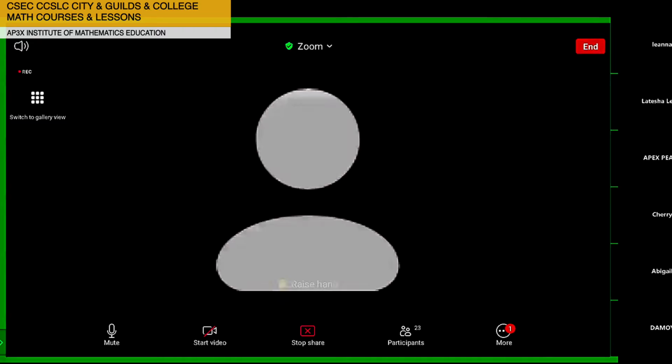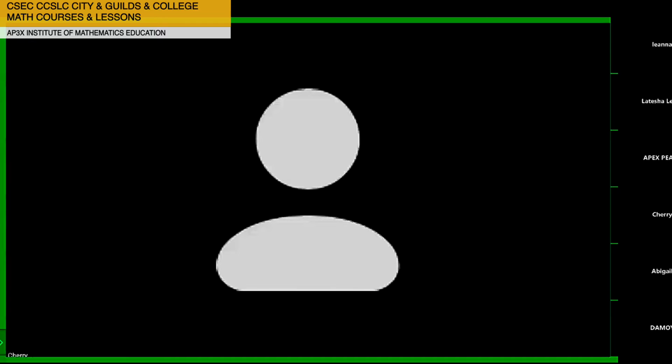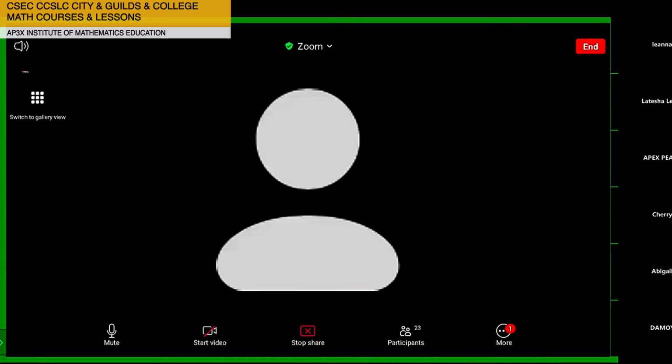I'm assuming we would have already gone through the area of a right angle triangle and Heron's formula. We're going to do a recap as usual. Always doing a recap, so let's put that up on screen here for you.